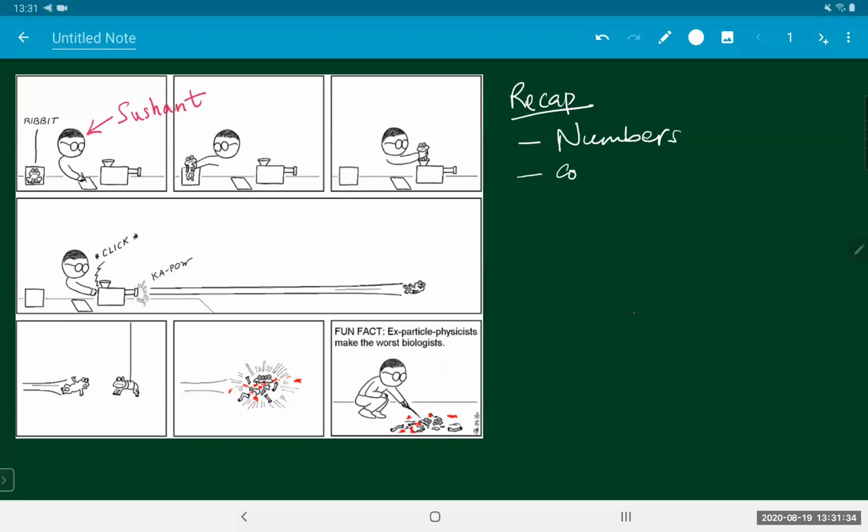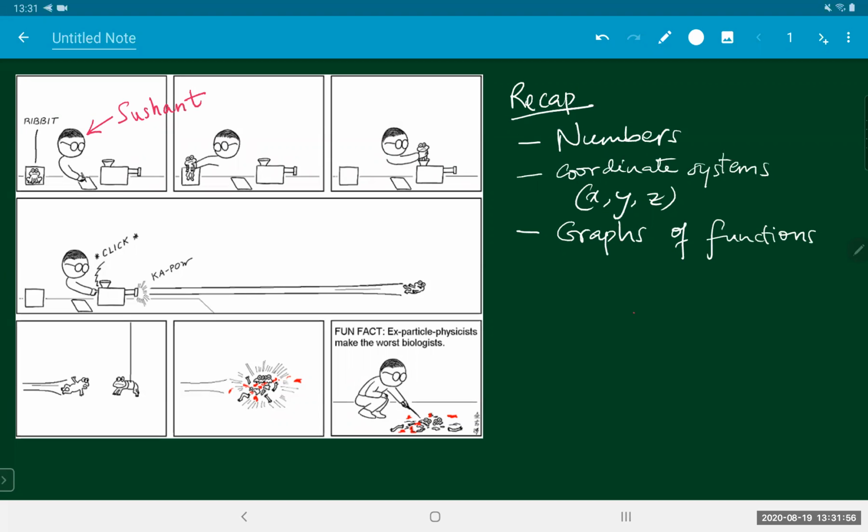Then we looked at coordinate systems, so for example X, Y, Z. And then we went on to looking at graphs of various functions, and we looked at examples for a number of them. And we asked the question, when is a function equal to 0? Or what we call finding the roots of a function.